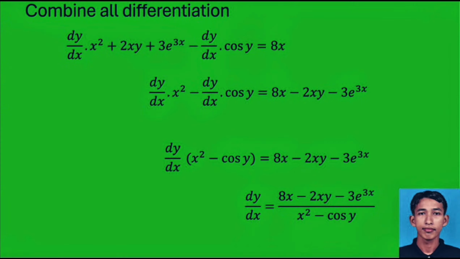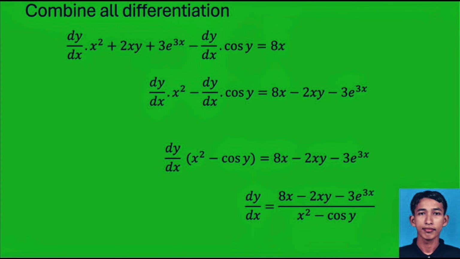We should move 2xy and 3e to the power of 3x, and this will be dy over dx times x squared minus dy over dx cos y equals 8x minus 2xy minus 3e to the power of 3x.